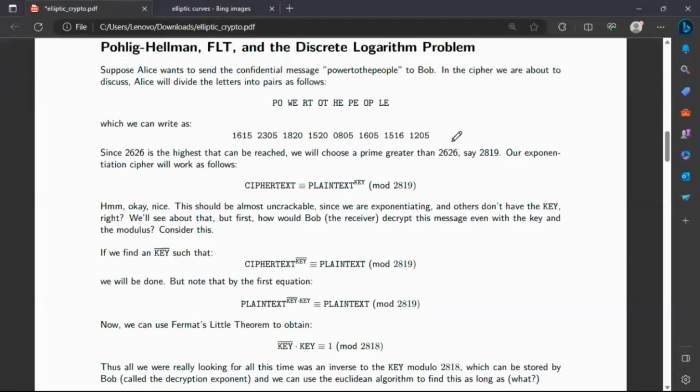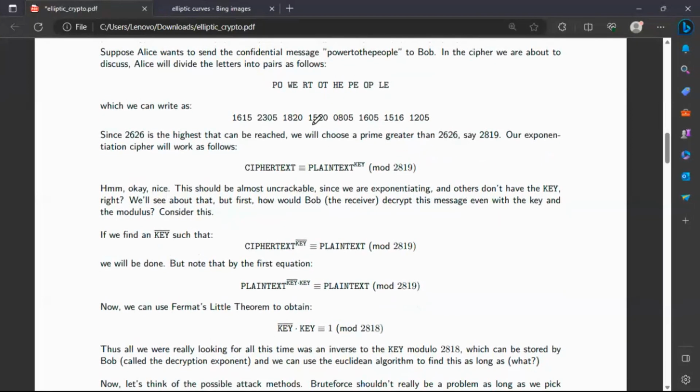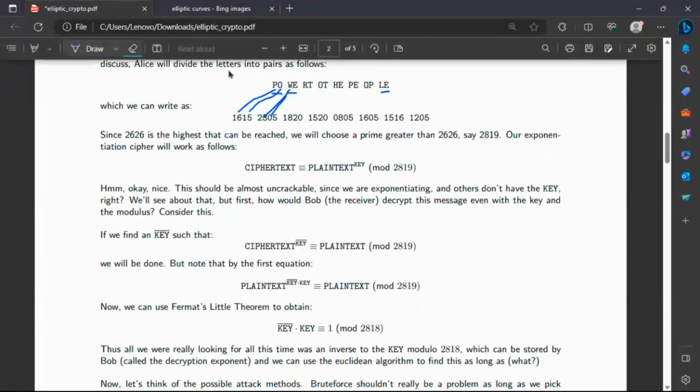In this cipher that we're about to discuss, Alice will divide the letters into pairs like PO, WE, RT, and so on until LE, and then she'll write them in an alphanumeric code, which basically means we're translating the letters to their numbers in the alphabet. P is the 16th letter, O is the 15th letter, W is the 23rd letter, E is the 5th letter, and so on.